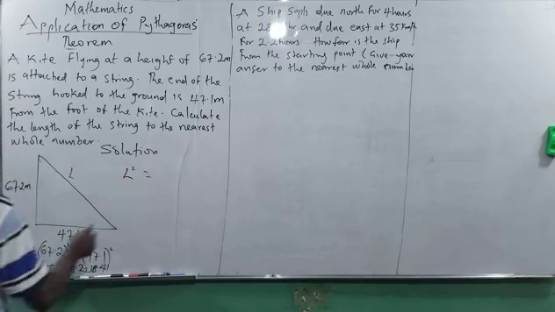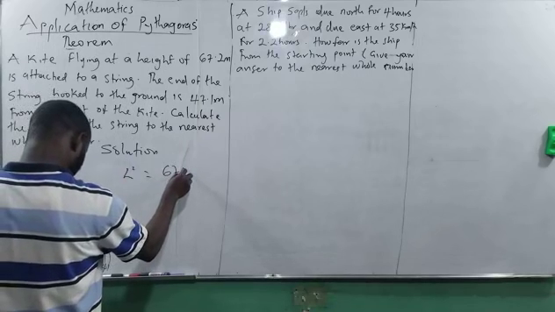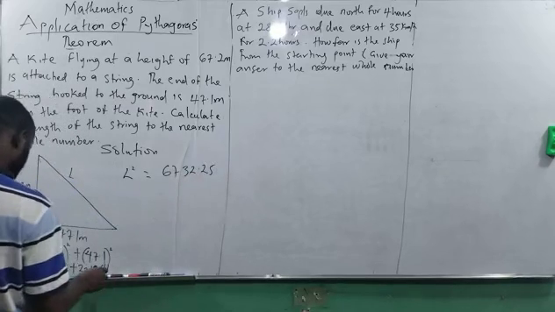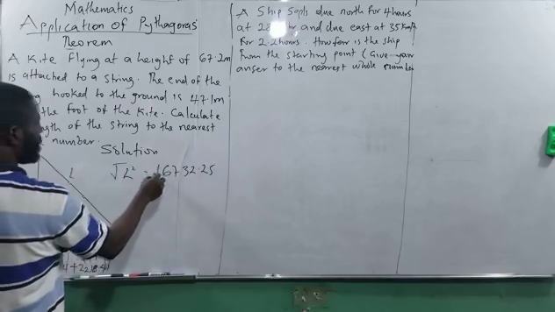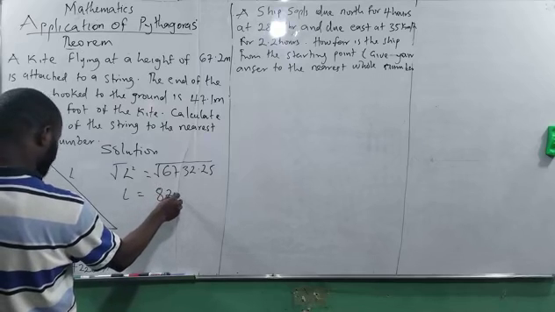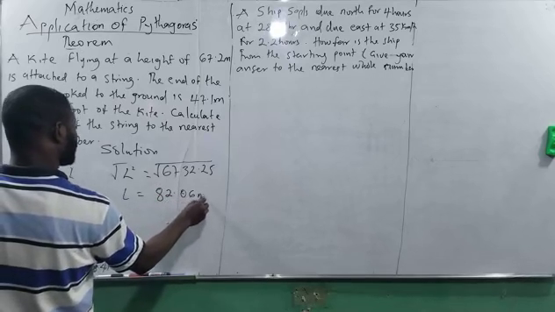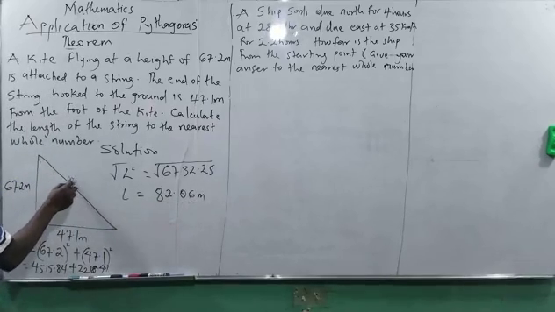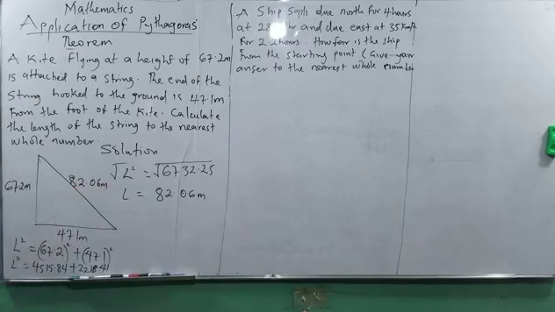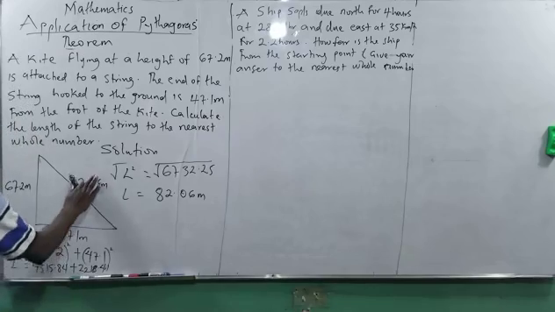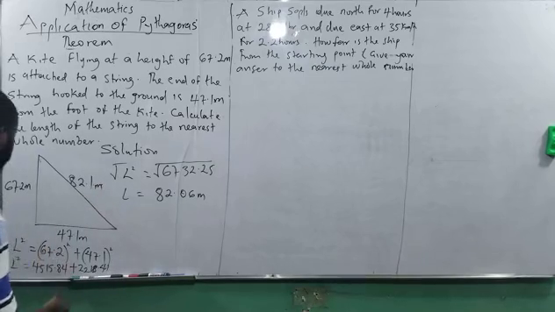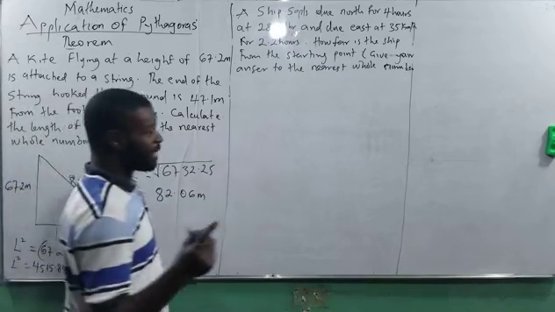If I square root the number, my L will be equal to 82.06 meters. Because everything is in one decimal place, I will use 0.1 meter approximation.